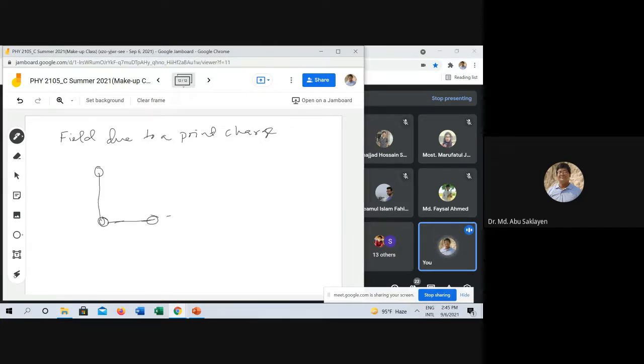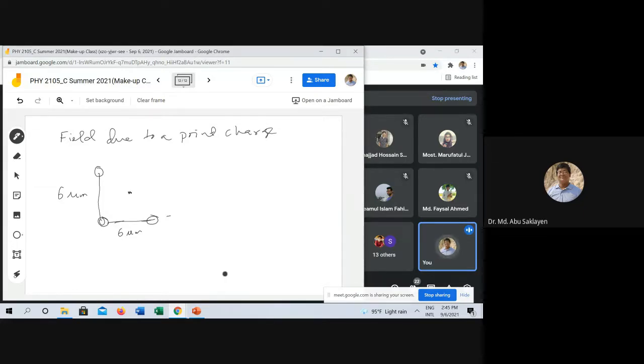These are the same distance. This is 6 micrometer, this also 6 micrometer. So what will be the field at this point P? It is the middle of the hypotenuse.